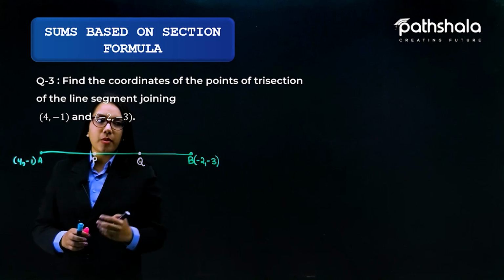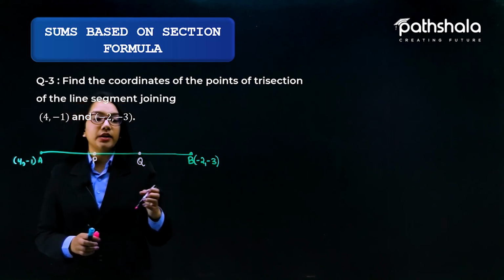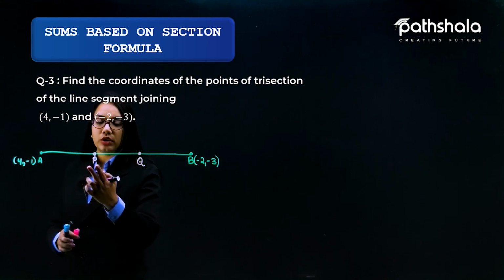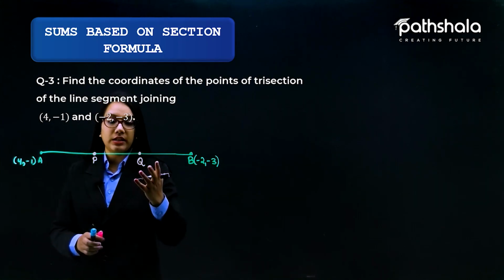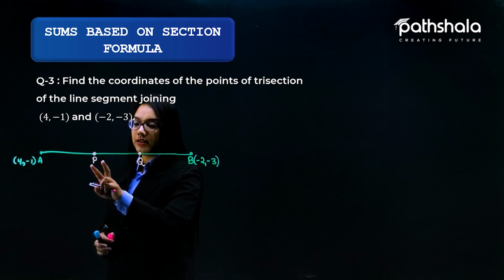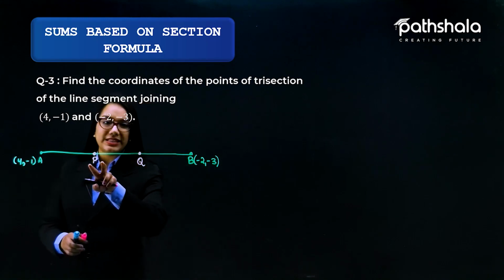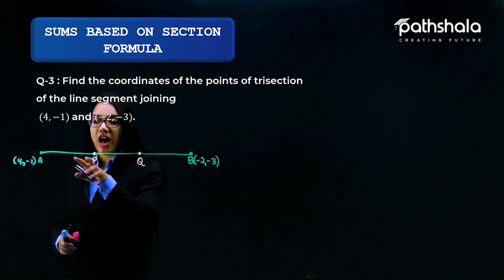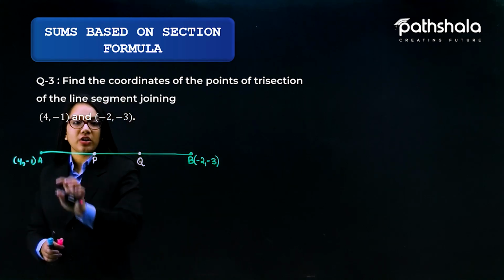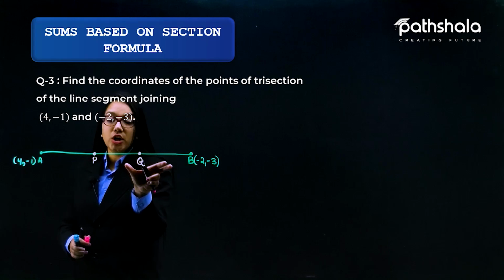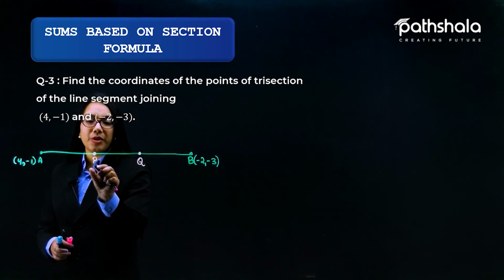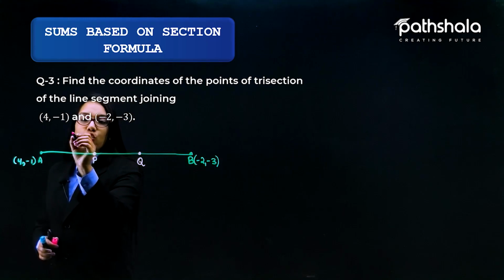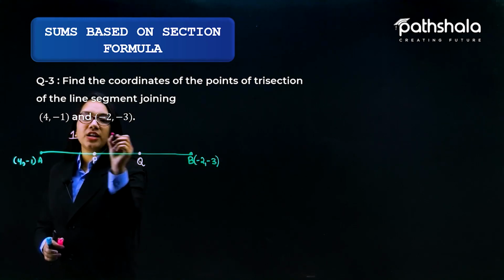Now let's talk about the coordinates of P and Q. Let us first talk about the coordinates of P rather than Q. For P, we can see we have one section on one side and 2 sections on the other side. So the point P is dividing this line segment in the ratio 1:2.